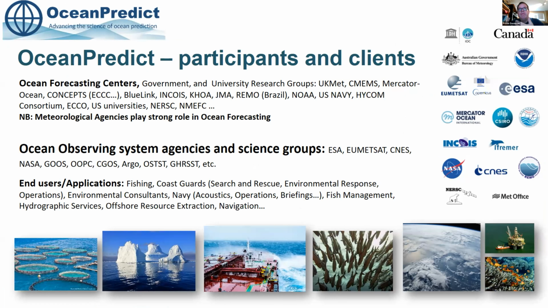As far as the groups that we represent, at the moment it's mostly large institutions in ocean forecasting that are mostly linked to weather forecasting. So there's synergies with the WMO and with the IOC. And we're also connecting particularly space agencies for their space observation systems, as well as GOOS and the Argo program, which are important parts. And for end use applications, we have fishing, Coast Guard, navies, environmental consultants, fish management.